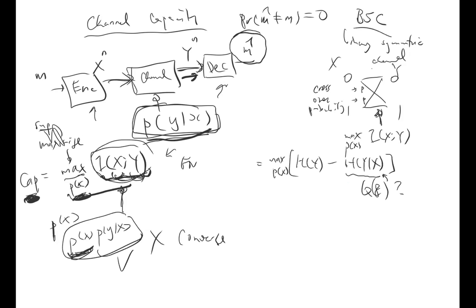For this channel, again, for the binary symmetric channel, the probability of y equal to 0 given x equal to 1 is equal to p, and y equal to 1 given x equal to 0 is equal to p, the crossover probability is equal to p.